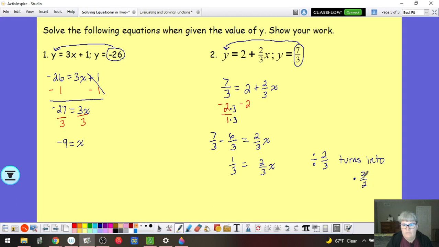You do the dot flip. So we're going to multiply each side by 3/2. This will turn into a 1x, and on the left side we will end up with 3 times 1 is 3, 2 times 3 is 6, equals x, and 3/6 reduces to 1/2.